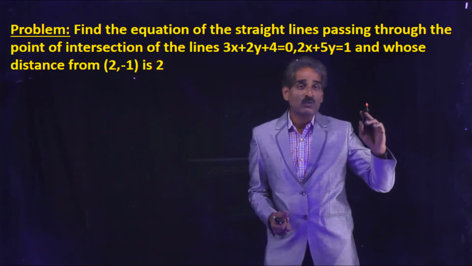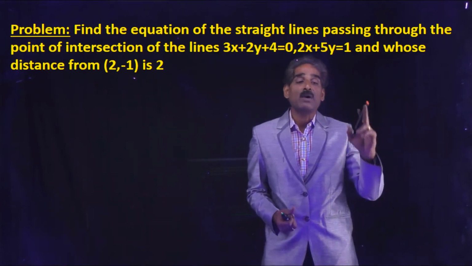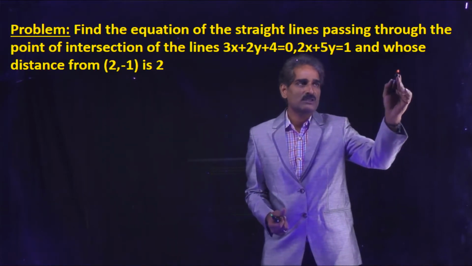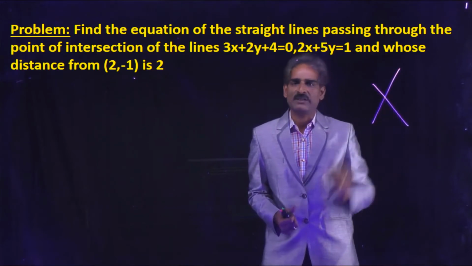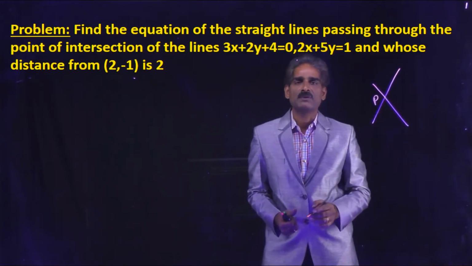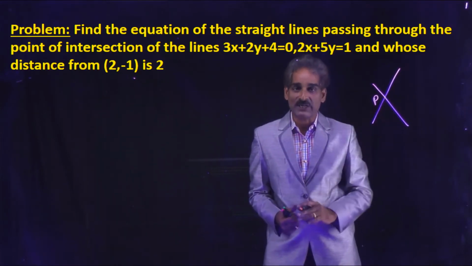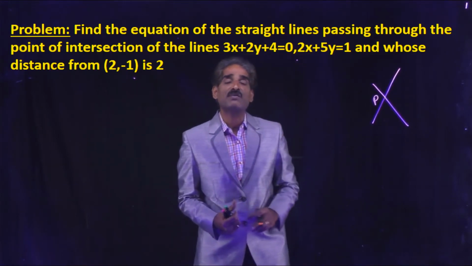We have to find the equation of the line passing through the point of intersection of the two lines. Suppose these are the two lines intersecting at this point, let it be P. We have to find the equations of the lines passing through this point and having 2 units distance from another point, the given point with coordinates (2, -1).